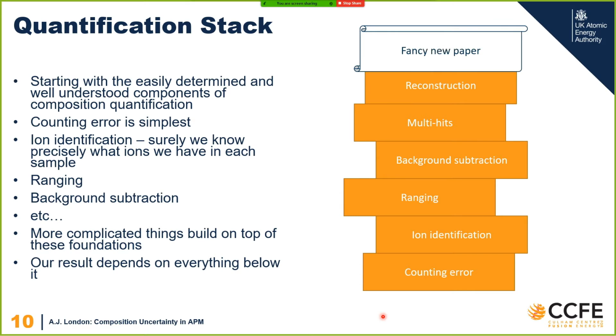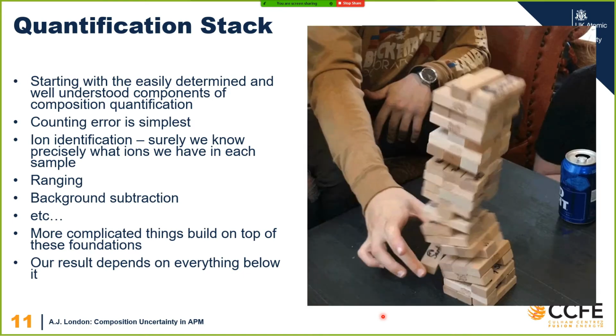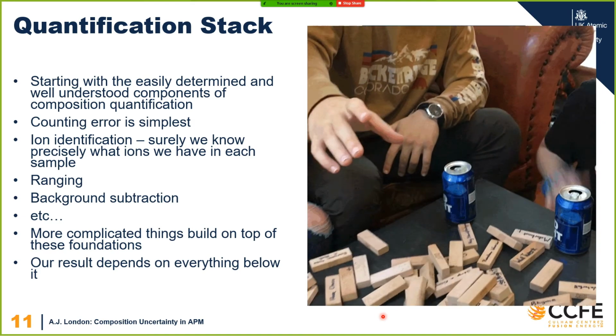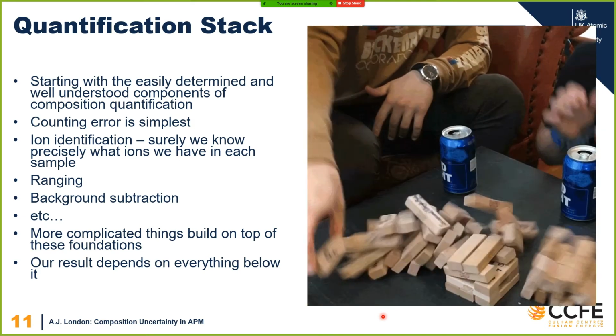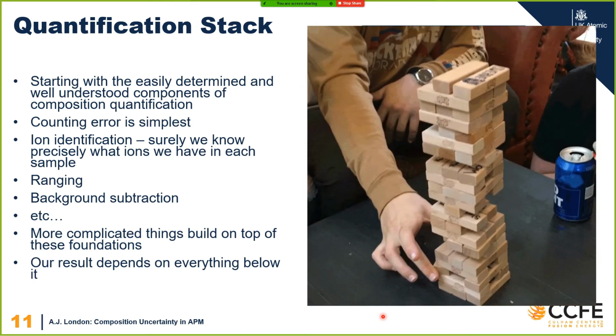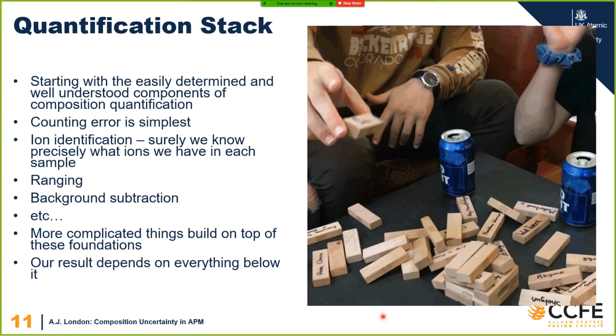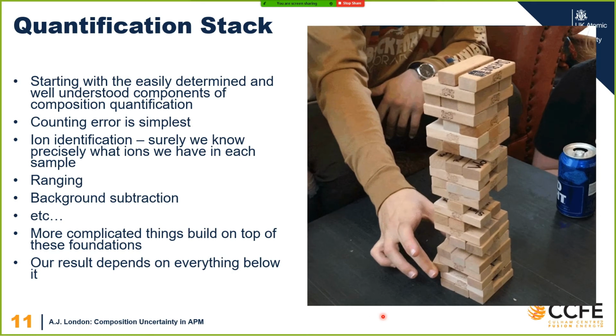And at the end of the day, hopefully, we can develop a fancy new paper that actually depends on all of these things. And so if one of these blocks is actually faulty, then maybe our whole stack of analysis can fall down. So I've got my nice Jenga animation here, and hopefully that doesn't happen. But that's kind of what we're doing, maybe without realizing.